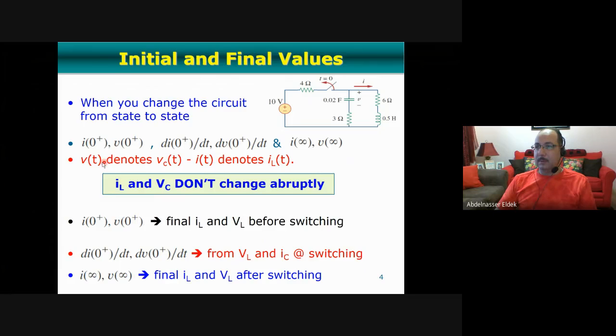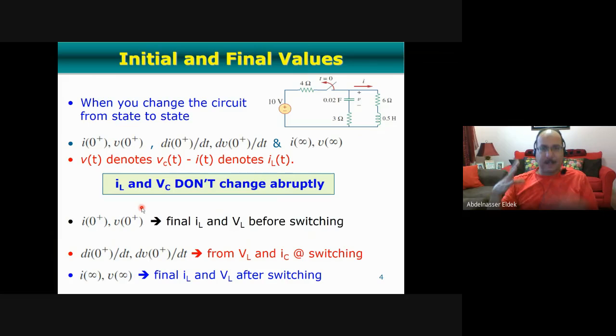Okay, so as I said, V denotes VC, so you don't have to write VC, but V means VC, I means IL. And usually in any problem, I will give you the polarities of the voltage and also the direction of the current. So you have to stick with it. This is a very important rule, that IL and VC will not change suddenly.